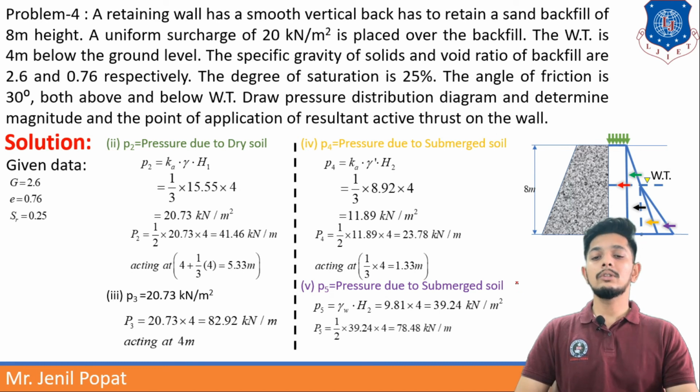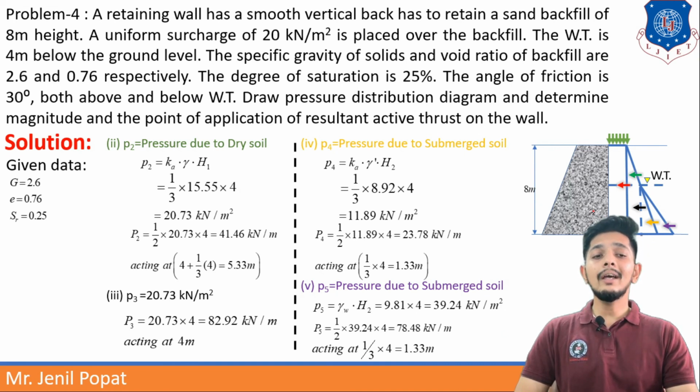And the pressure force will be 1/2 base into height. Base will be our pressure and height will be 4 meter. So the P5 force will be 78.48 kilonewton per meter. Now where will it act? Again at the same height, 1/3 of 4, that is 1.33 meter.